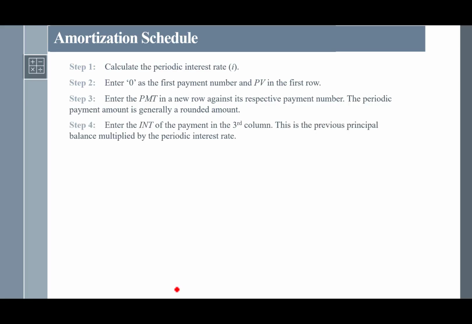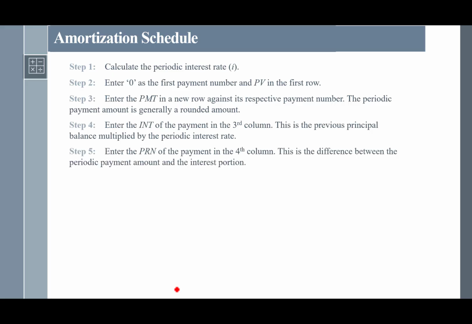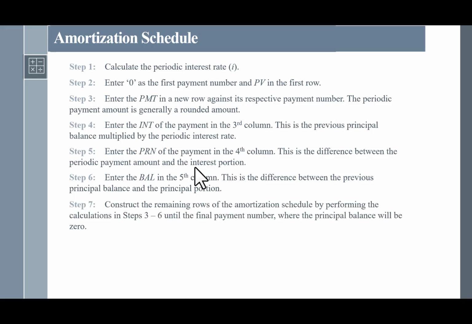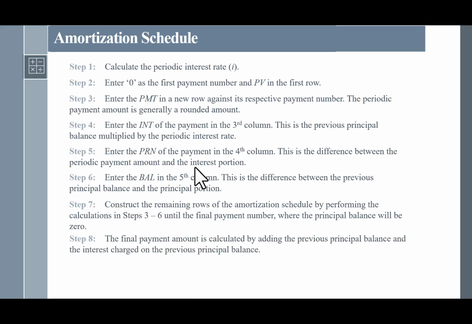At each row you have to find the interest, which is the previous balance multiplied by the periodic interest rate; the PRN, the difference between the periodic payment and the interest portion as we explained; and the balance, which is the difference between the previous balance and the principal portion for this period. Of course, you keep going with the rows until you reach the last step.